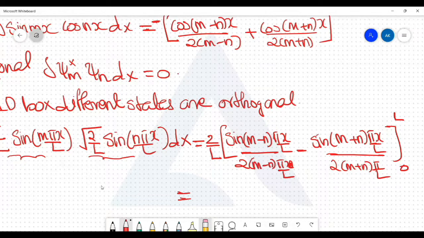You have pi here, sine of something into pi. m and n are integers, right?